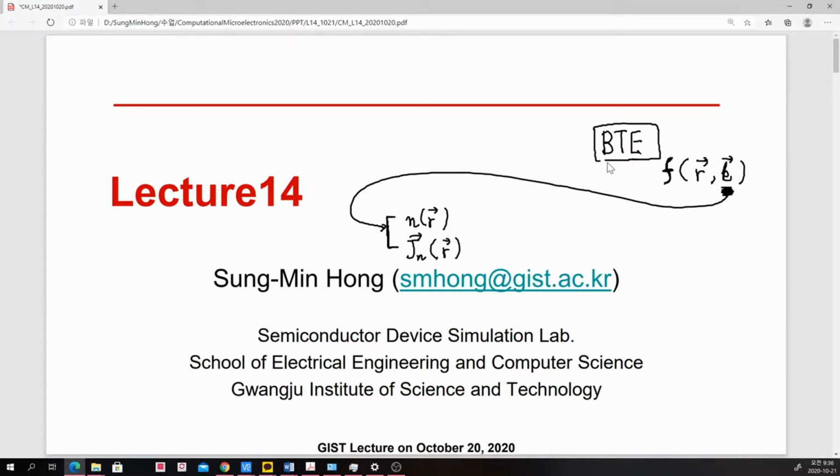So originally the Boltzmann transport equation is, for example, a 6-dimensional problem due to the 3-dimensional real space and the 3-dimensional momentum space. But after this simplification, we can have just a 3D problem. A 3D problem is readily accessible to us with our high-performance computing machines.